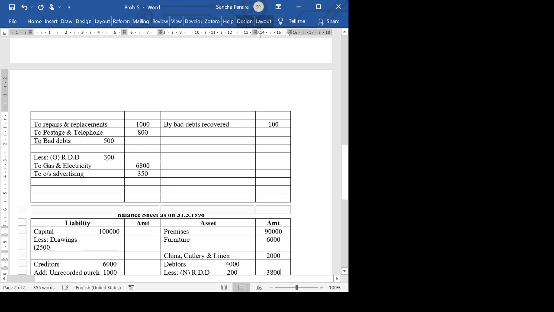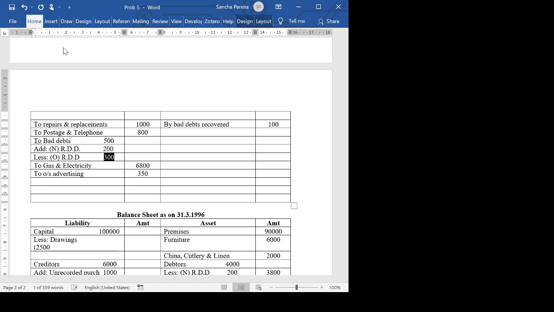Similarly here we have add new RDD 200. So we have this calculation ready. 500 plus 200, 700 minus 300 becomes 400.